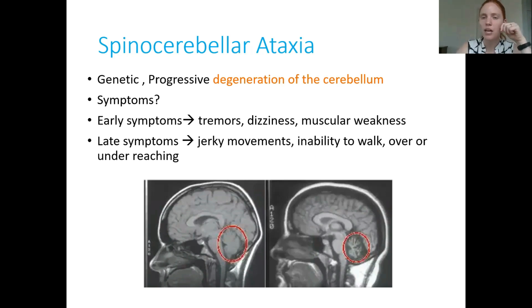So you would still be able to move, you're not paralyzed, but you wouldn't be able to do any kind of movement that requires a lot of coordination, such as walking. That requires quite a lot of coordination, and you would have very jerky overall movements.